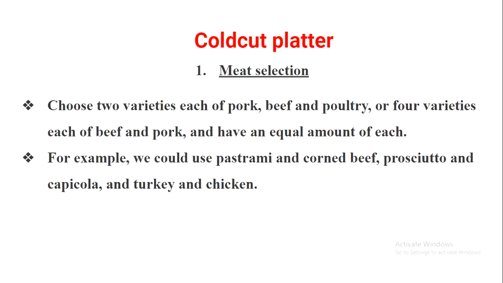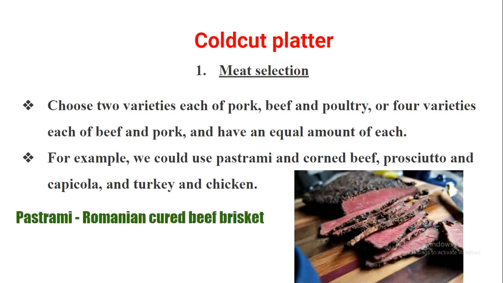So that means we need to have a mixture of cold cuts made from various animals and birds. For example, we could use pastrami and corned beef, prosciutto and capicola, turkey and chicken, etc. So here they give some examples like mixture of various meat products.